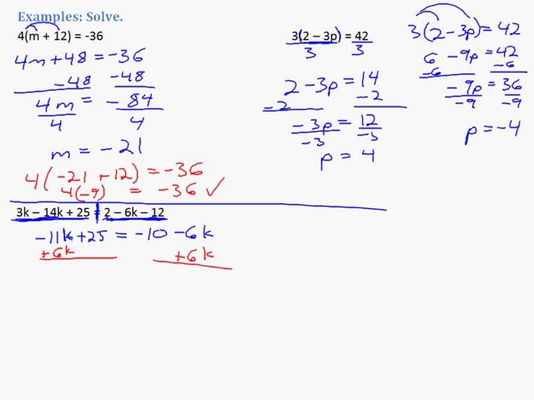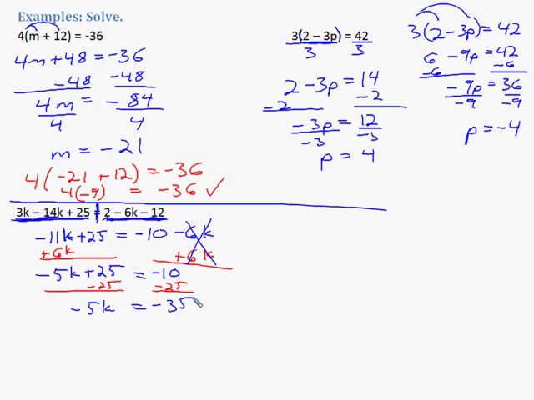Doing that leaves me with a negative 5k plus 25 on the left, and over here those become 0, and you have negative 10. And now again we want to solve for that k, so we'll go ahead and subtract 25 from both sides. Subtracting 25 from both sides gives us negative 5k is equal to negative 35.